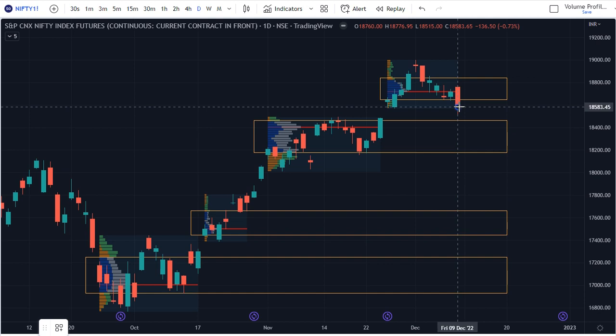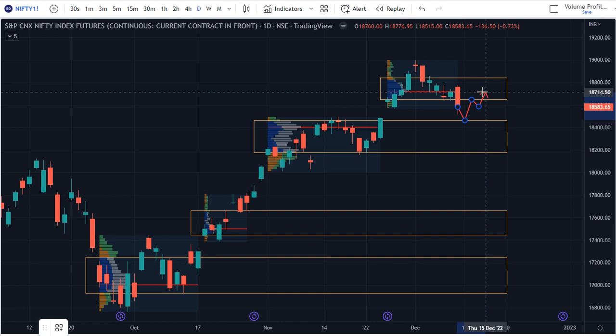I feel that we could come down and test the value area high of the lower balance area, and then maybe we could see a bounce and test the value area low of the upper balance, and there if we find some resistance, we might spend some time there, and then maybe we will proceed to the point of control of the value area.